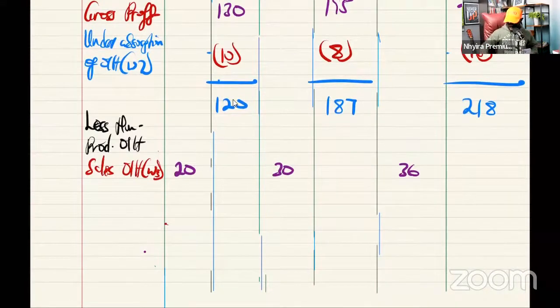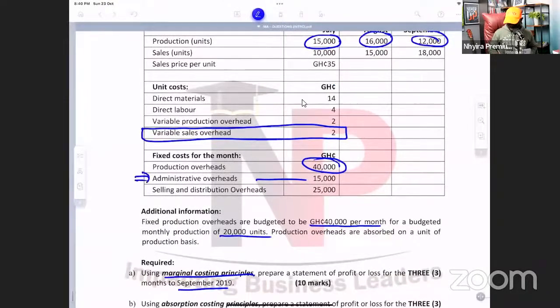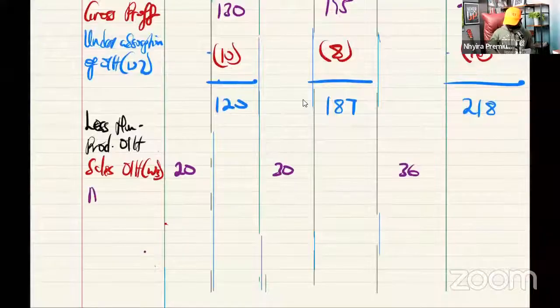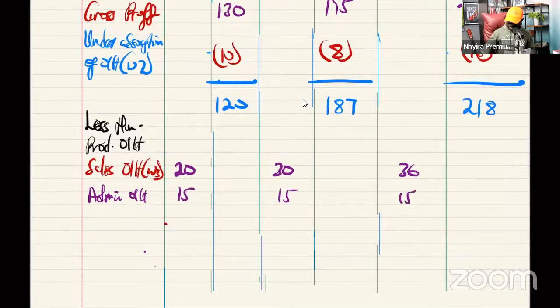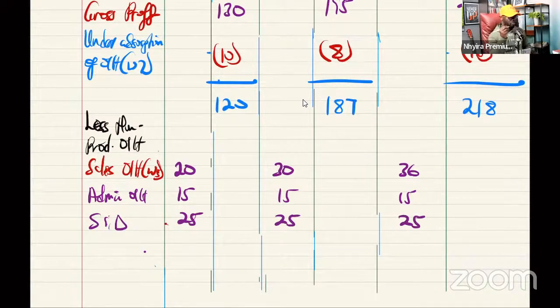Then there are other non-production overheads which are fixed. So we bring in the admin overheads 15, 15, 15, and selling and distribution overheads 25, 25, 25.